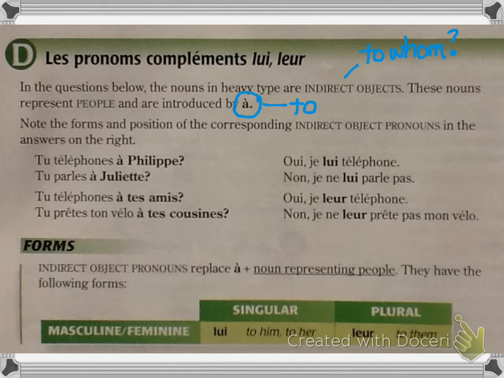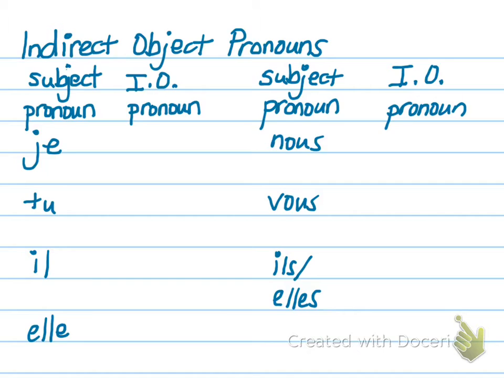So the indirect object pronouns replace "à" and the noun representing the people, and they have the following forms: lui, to him or to her, and leur, to them. We made a chart like this a little bit ago with the direct objects. These, remember, are indirect objects, and they're answering the question "to whom."